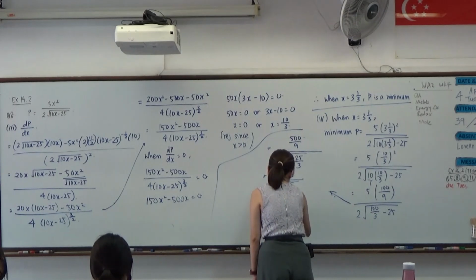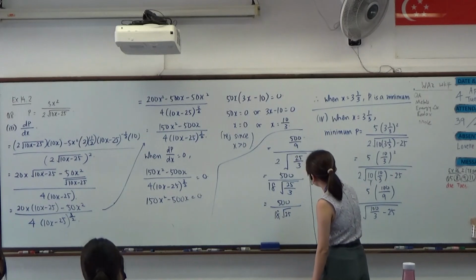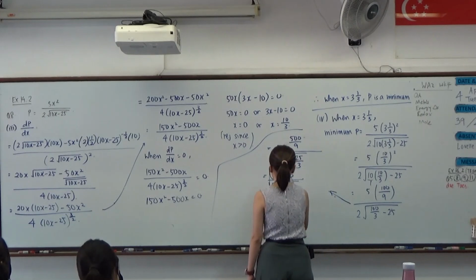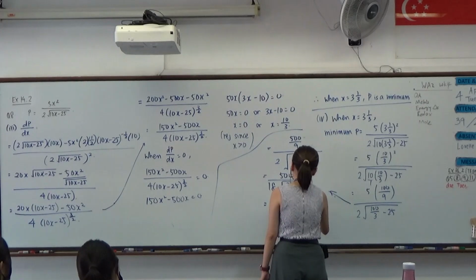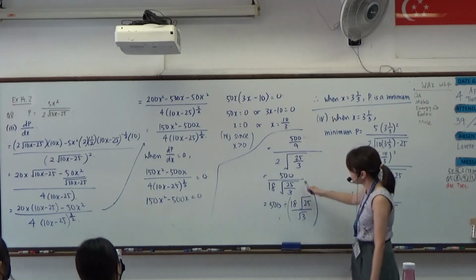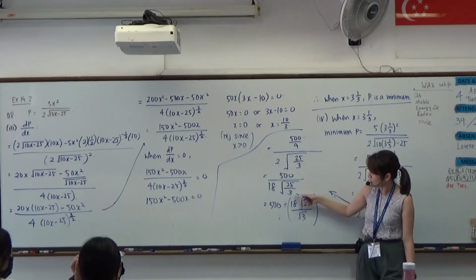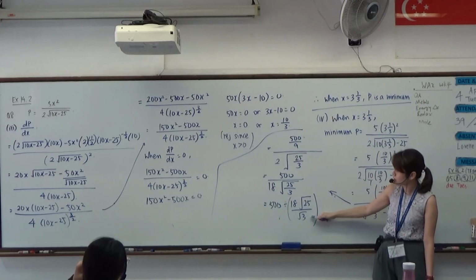Think of ways to make things easier for you. I just break out this fraction: 500 over 18 square root 25 over 3. I rewrite it as 500 divided by 18 square root 25 over square root 3.